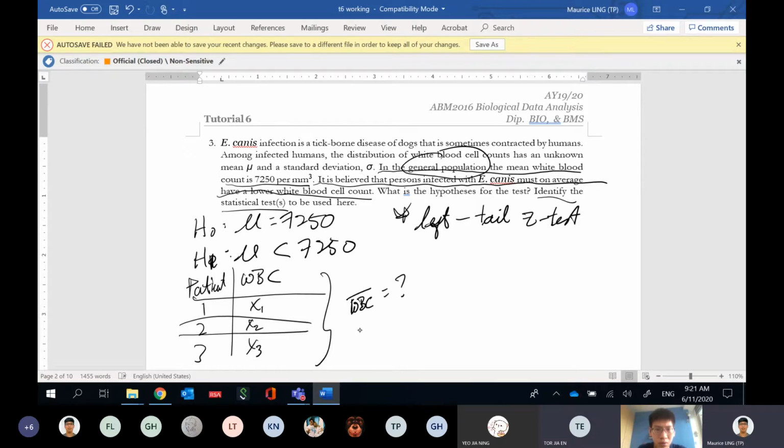And then the standard deviation for the white blood cell count. Can you do that? Yes. Then you use the standard deviation for white blood cell count. But do you know the population standard deviation for white blood cell? No. That's a problem.